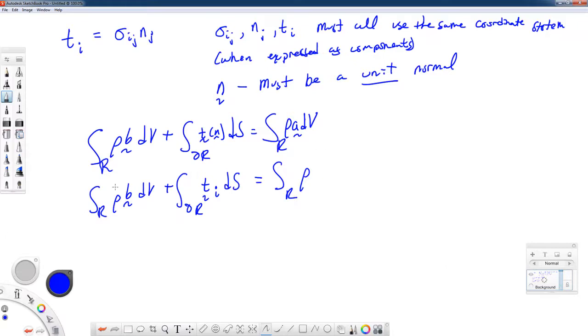Hang on, I switched over here to indices instead of vectors. Okay, so for particular components, then we can write it this way.